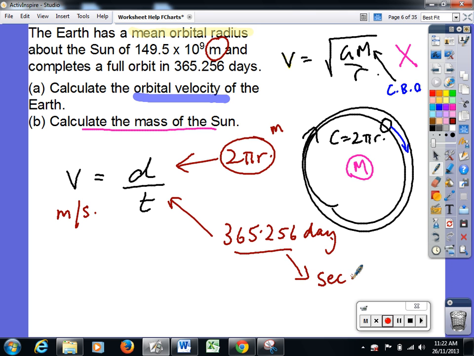So take a few moments after you've done to find the velocity, then after you find the velocity, you place it into this formula here, the velocity of orbit formula, and you can rearrange it to find the mass of the Sun, which is the central body. So take a few moments now to calculate A and B in this question.